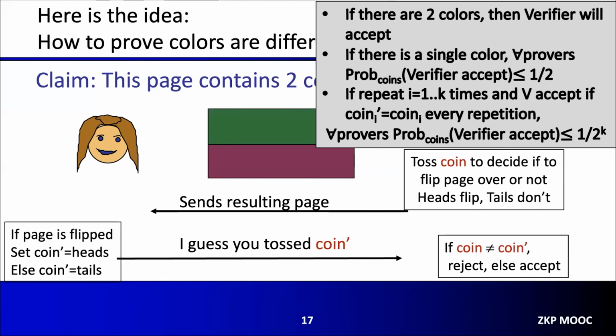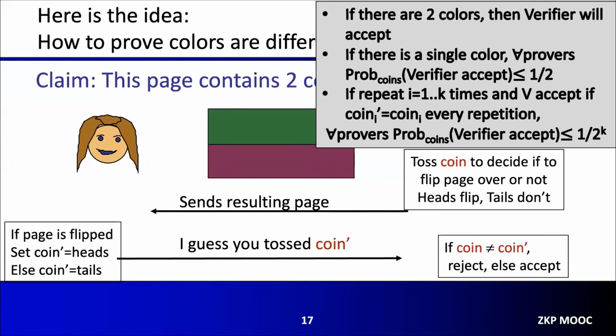Now, what is the chance that the prover, in case there is only a single color, so it's not a correct claim, is able to provide the verifier each time with a correct coin he tossed? It's 1/2 the first time. It's 1/4 to do this twice in a row. It's 1/8 to do this 3 times in a row, and it's 1 in 2 to the k if you repeat this k times.